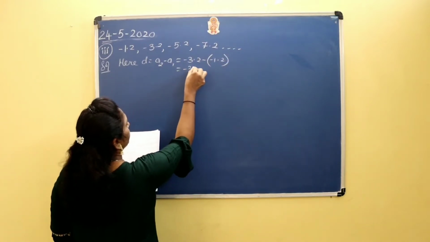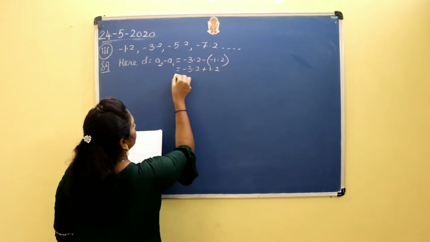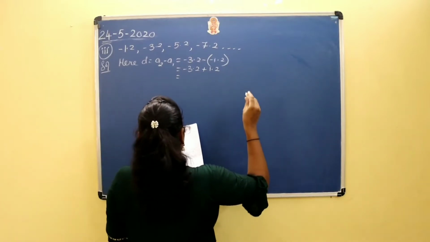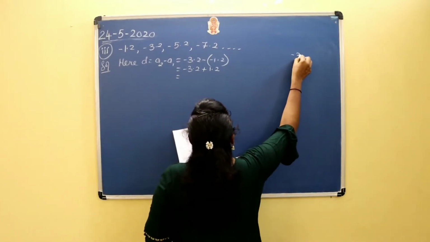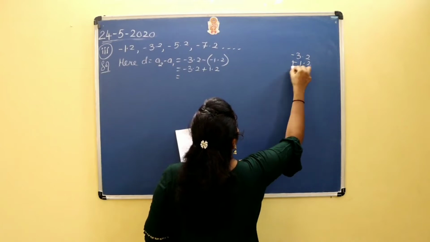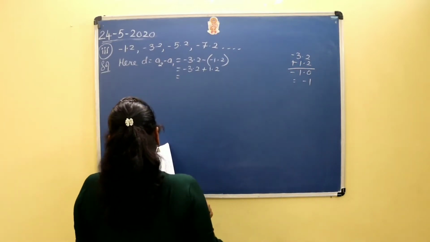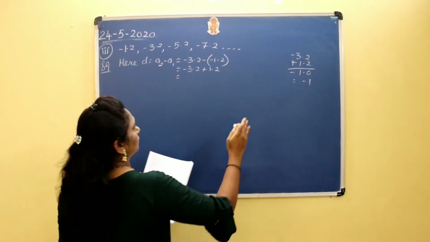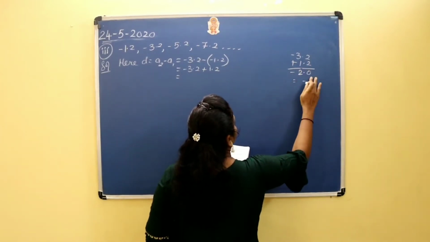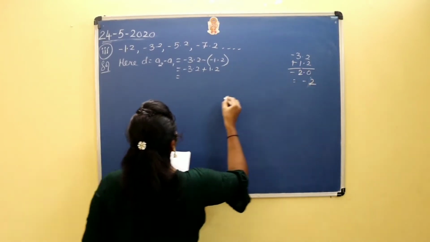So it will be minus 3.2 plus 1.2. You will have minus 2.